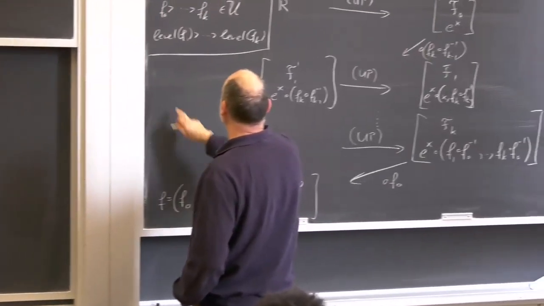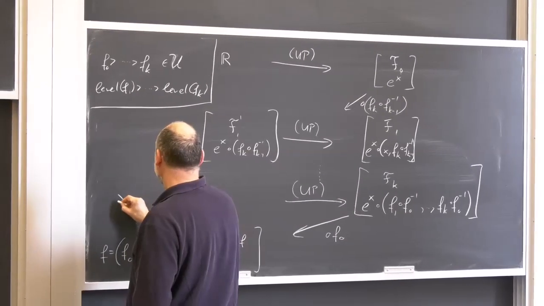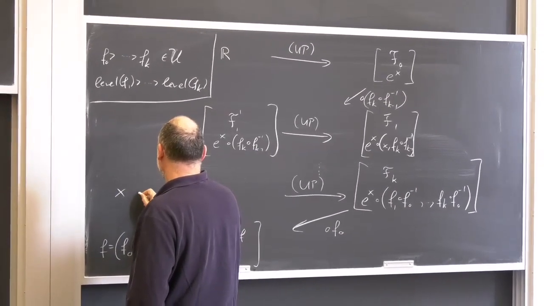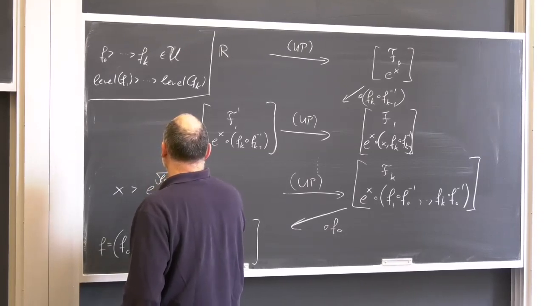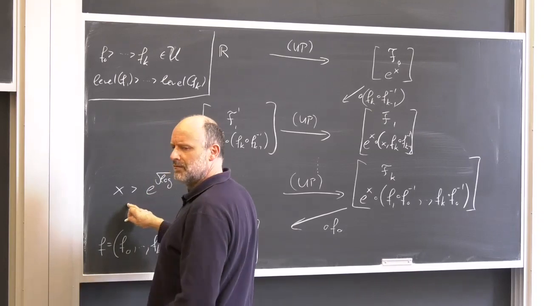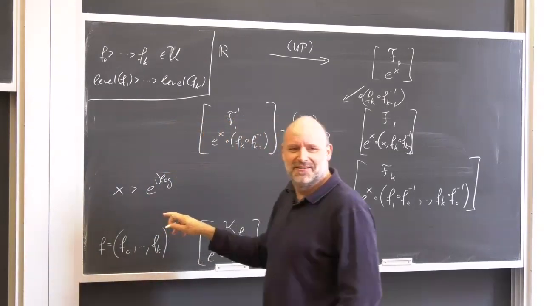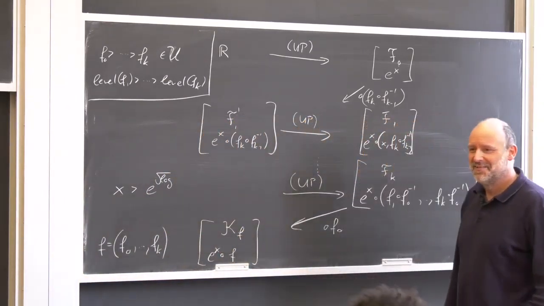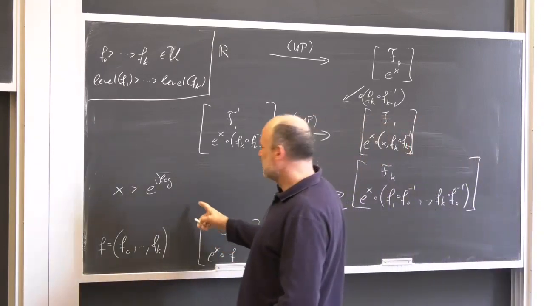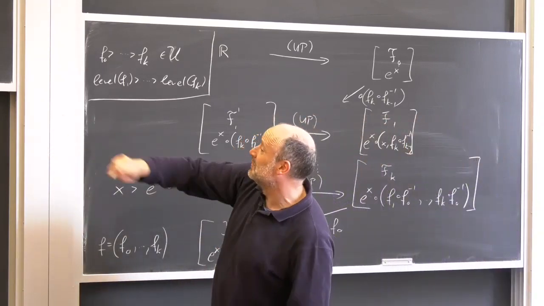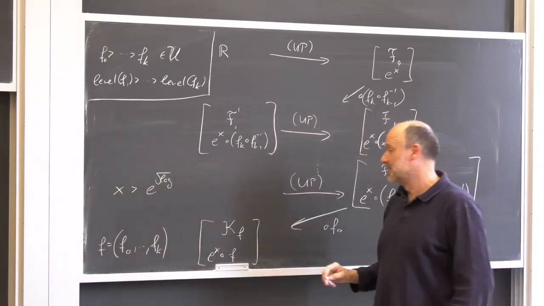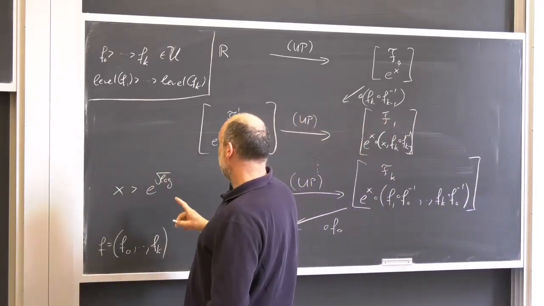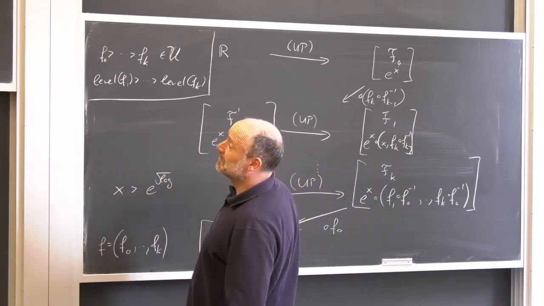You want to use x for F0, and then for F1 something like e to the square root of log. But that's smaller than x, isn't it? Yes, it's smaller than x. Okay, those are two functions in U. Sure. They both have level 0.